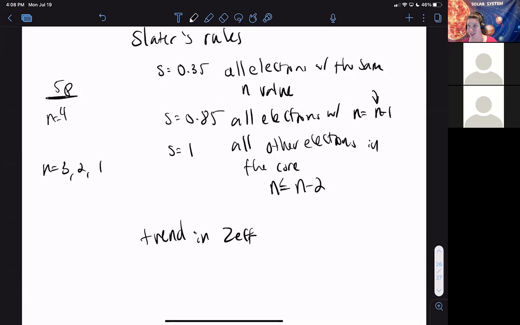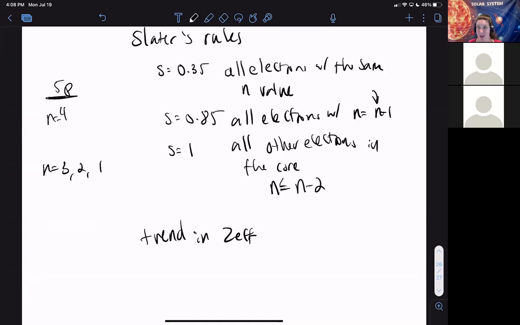It increases as we go across our periodic table, and it increases only slightly going down, so there's not much of a change. I wouldn't worry about going up or down, but going across, our Z effective increases.